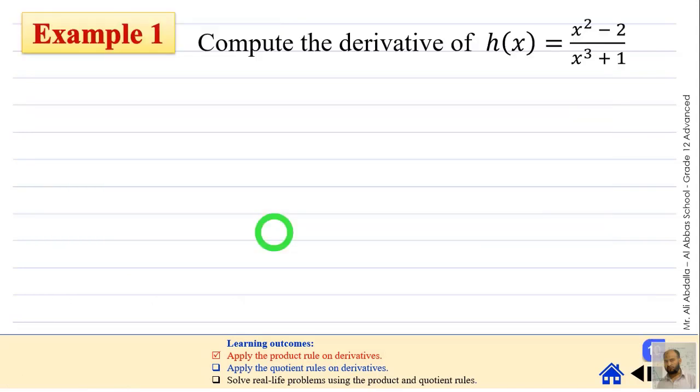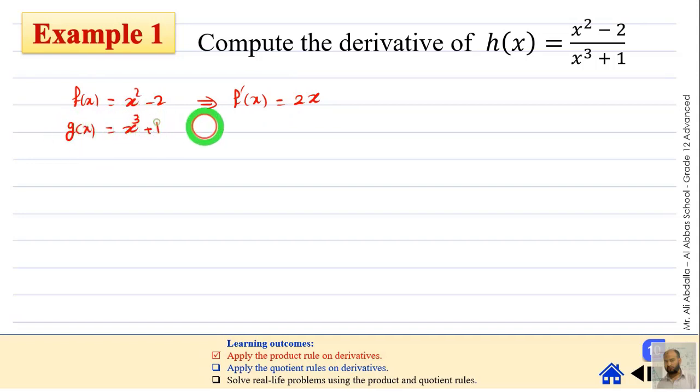Example 1. Compute the derivative of h(x) equals x to the power 2 minus 2 over x to the power 3 plus 1. Here we can use the quotient rule. Let f(x), the first function, equal x to the power 2 minus 2. Then f'(x) equals 2x. And g(x) equals x to the power 3 plus 1.